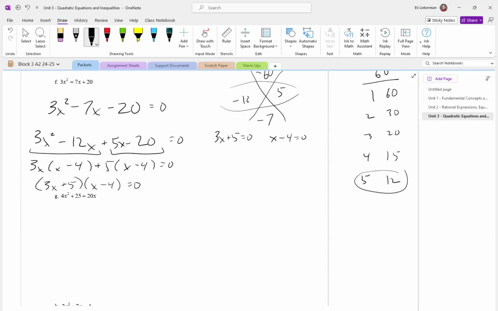And then x: 3x equals negative 5, divide both sides by 3, x equals negative 5 over 3. Thank you. Are you okay with this, everybody?